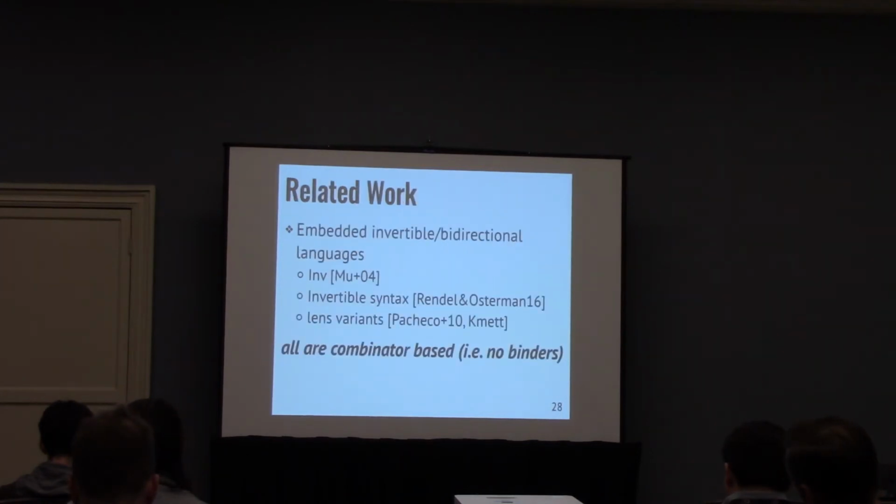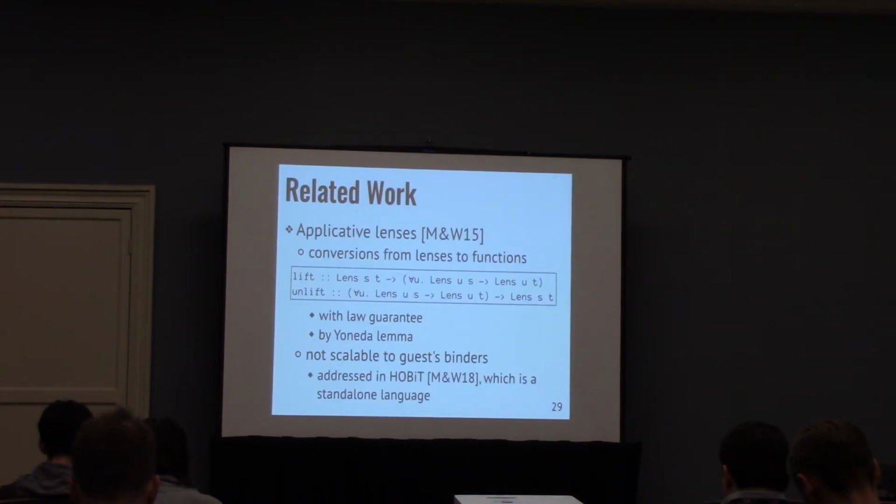Okay, let us explain some related work. There are some existing invertible bidirectional languages in Haskell, but they are basically all combinator based. That is, there are no binders. Also, applicative lenses have similar spirits, and there is a conversion between lenses and functions.